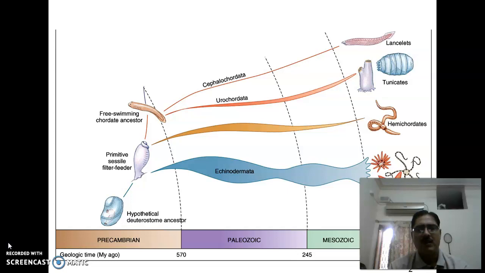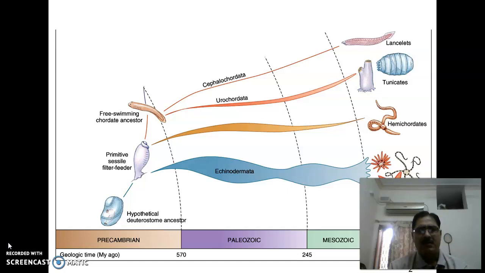This hypothetical deuterostome gave rise to a primitive sessile filter feeder animal, and this primitive sessile filter feeder animal gave rise to the invertebrate echinoderms and hemichordates.